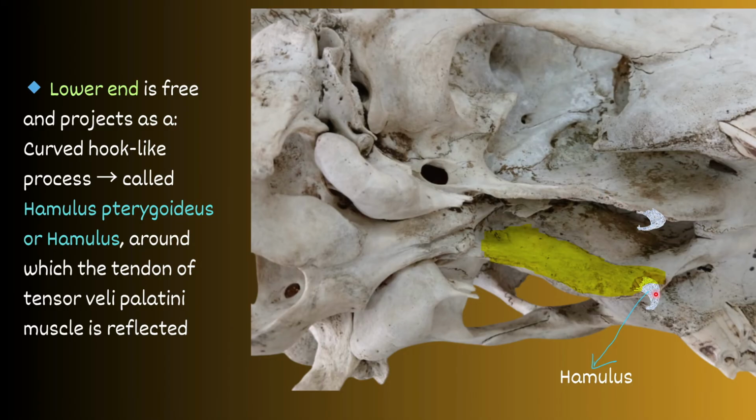It is actually detached from this part. This is called the hamulus pterygoideus, around which the tendon of the tensor veli palatini muscle is reflected.